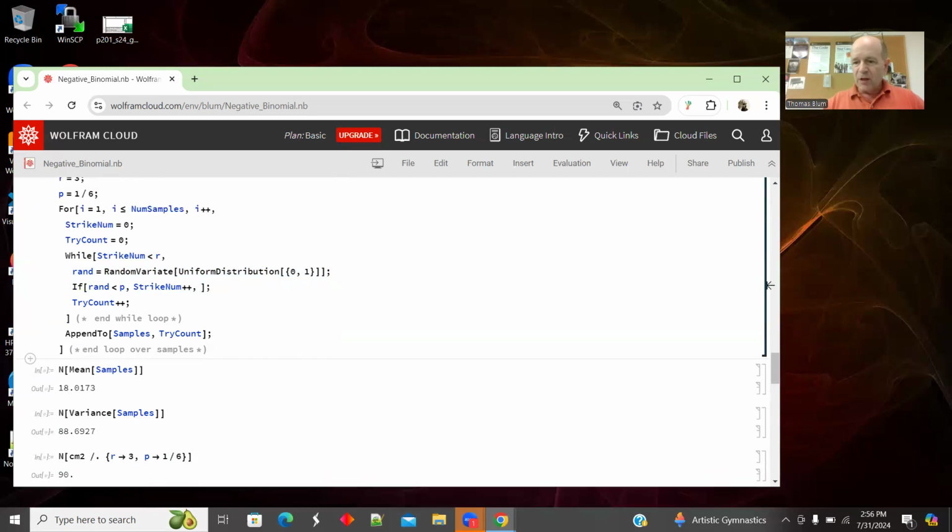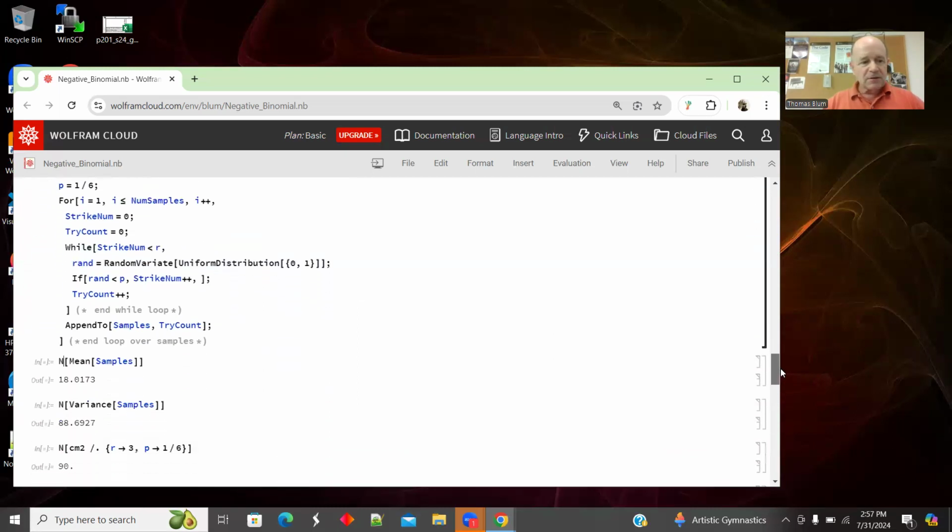So this is black while it's running, and when it stops being black, then I'll know it was done. And then I'll be able to calculate the mean of my samples. Mathematica loves to give me things as rational fractions, so I slip in an N in there to make sure it gives me a numerical value.